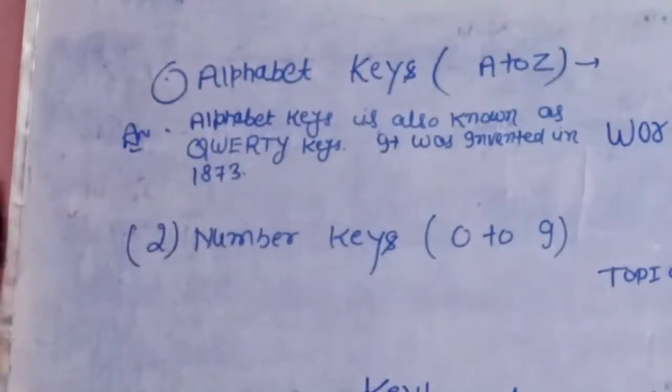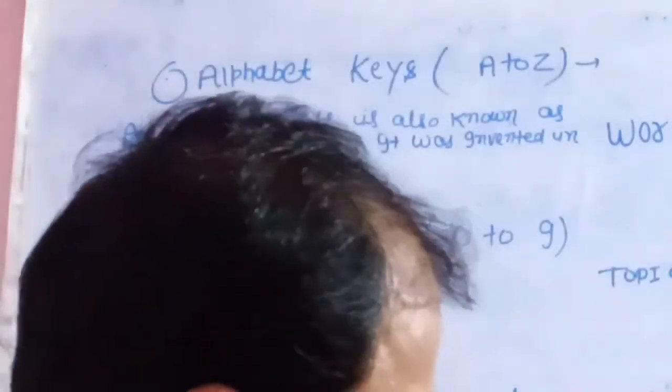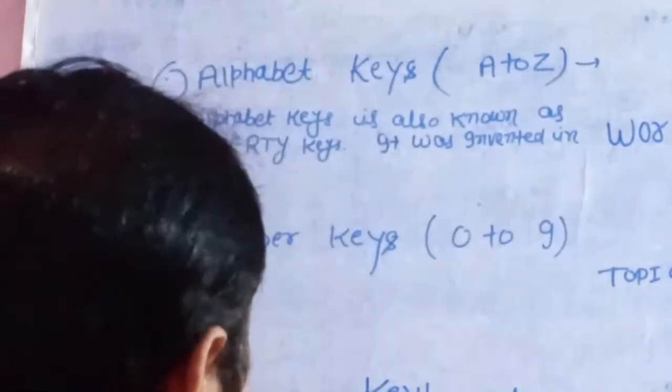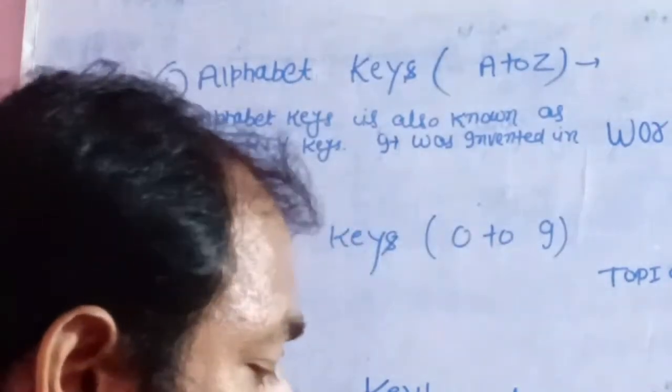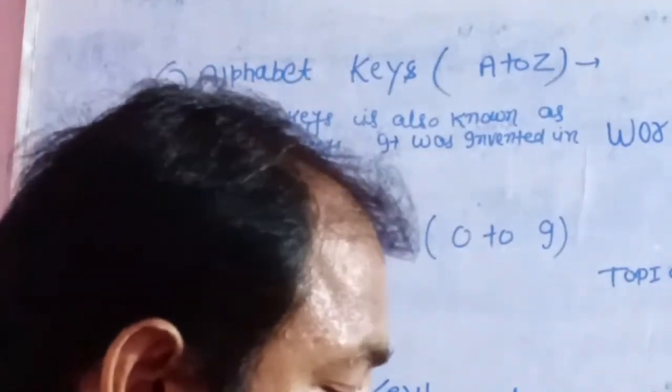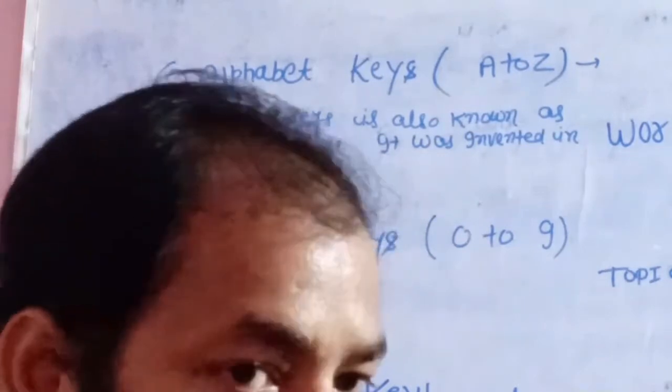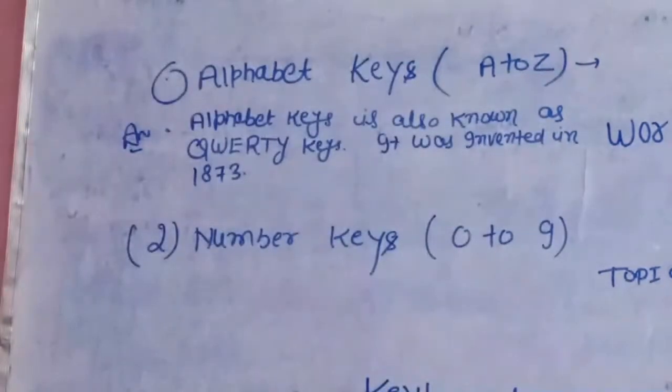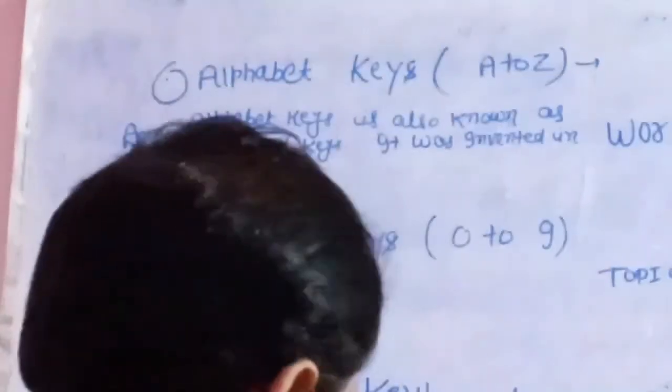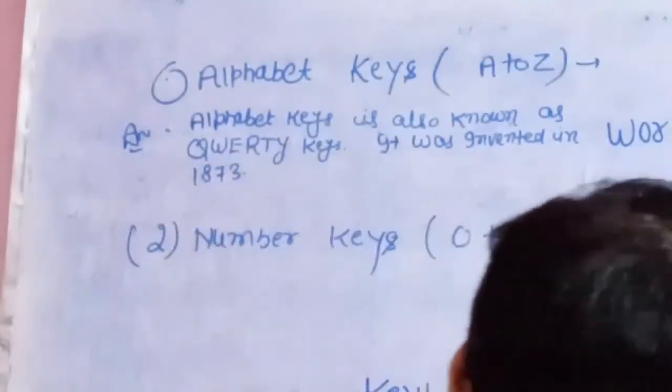Why is this keyboard called the QWERTY key? The first letters are QWERTY. These six letters are known as the QWERTY key, and this keyboard was invented in 1873.